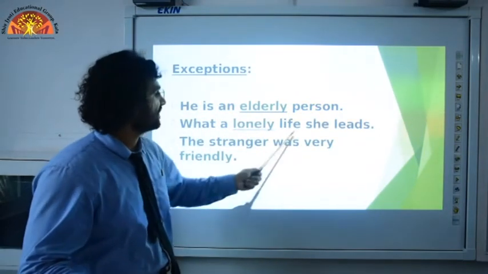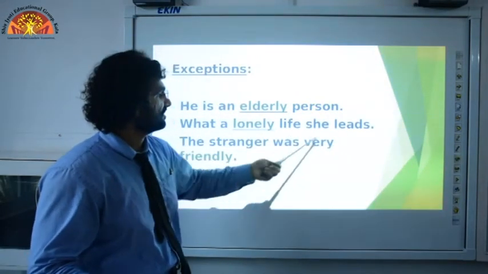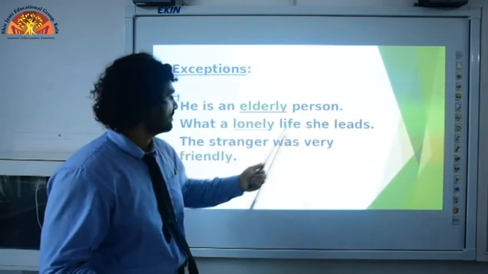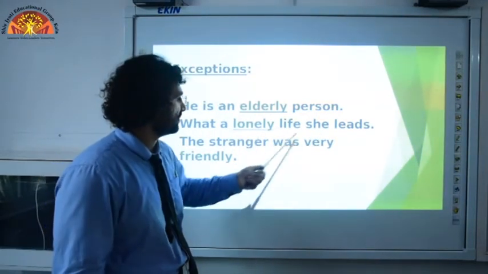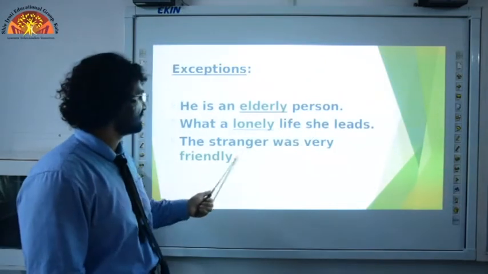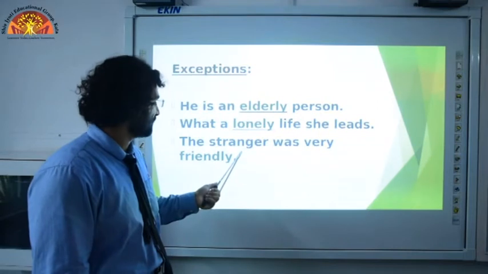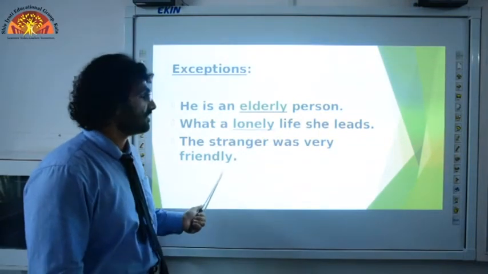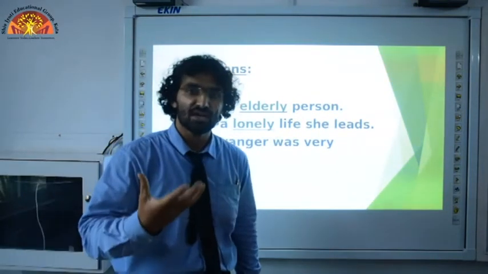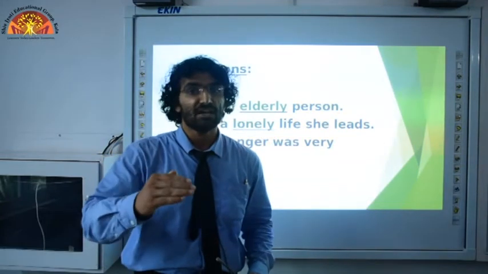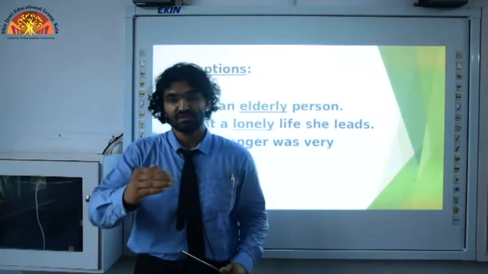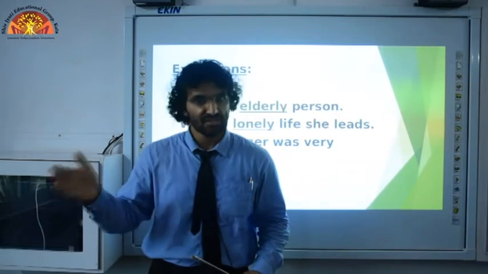What a lonely life she leads. Talking about the life of this lady, she. So we have used lonely for this pronoun. Similarly, the stranger was very friendly. Stranger is a noun. For this noun we have used this adjective. So adjectives are always used for nouns and pronouns, while adverbs are used to describe verbs, other adjectives or other adverbs.